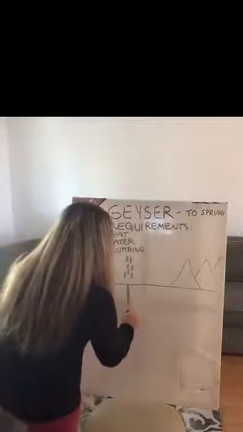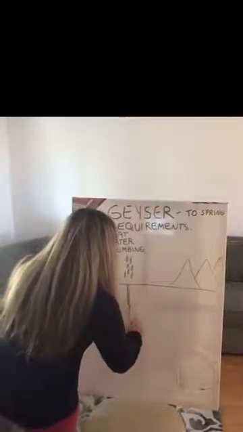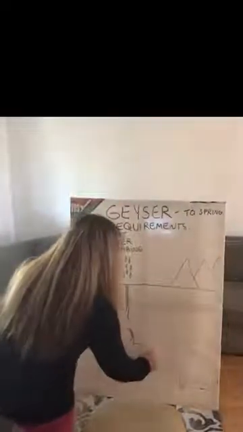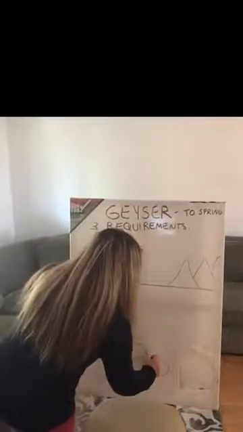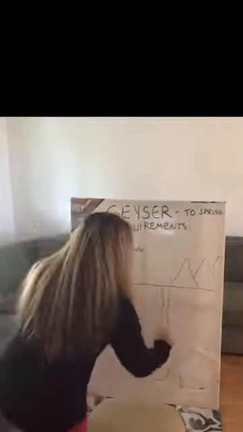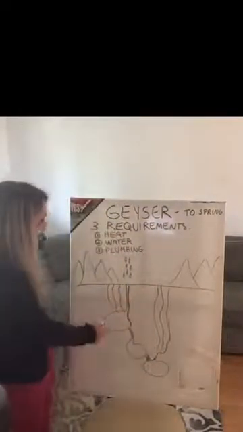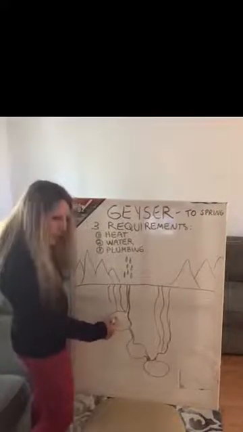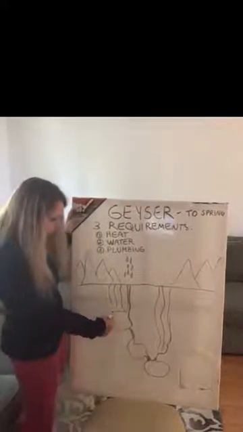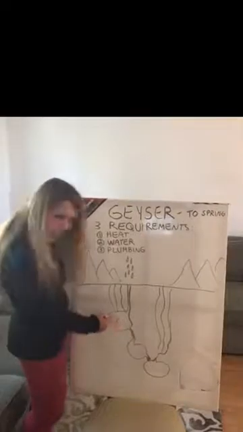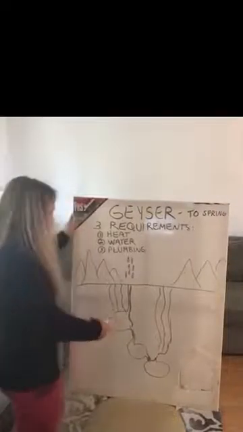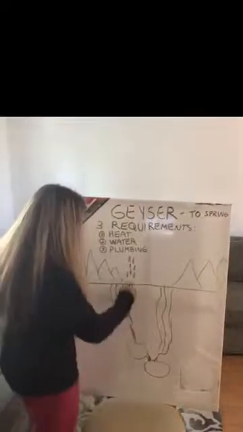And there's some larger channels. There are cracks here. It's all cracks. There are some kind of hollow spaces, cavities, underneath where water can store. So stored water can rest here.